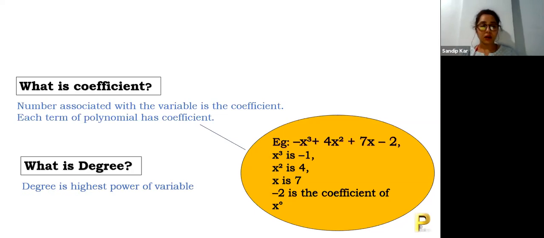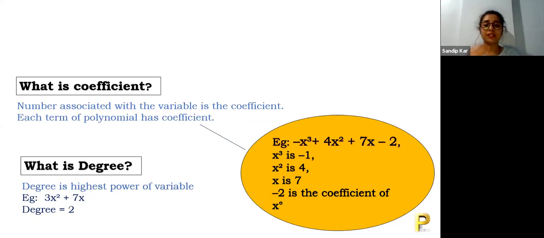In a polynomial, we can find different terms, and whichever variable has the highest power, that is the degree of the polynomial. Take 3x squared plus 7. We have x in the term, but which power is the highest? 2. Therefore 2 is the degree.